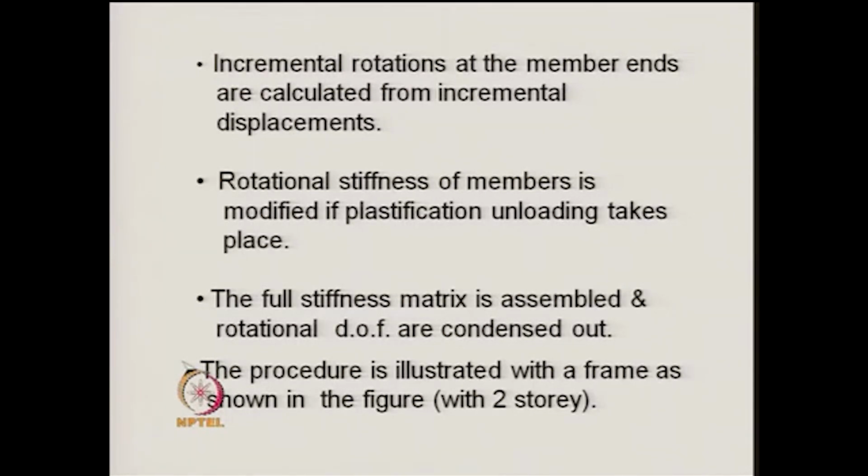First, after we have obtained the incremental displacements, we calculate the incremental rotations from the relationship that exists in the process of the condensation, and those incremental rotations are then added to the previous rotation to find the final rotation at the current state, and we see whether plastification has taken place at a particular cross section.